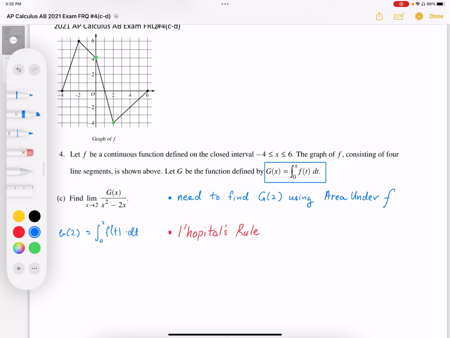Okay, and 0 and 2 represent those two green dots that I've drawn in there. And when I evaluate that, I'm finding the area underneath that curve. So it's going to have this area here, and I'm going to have an equivalent area under the curve from 1 to 2. Okay, so the net area in this case is going to end up being equal to 0. So g of 2 is equal to 0.